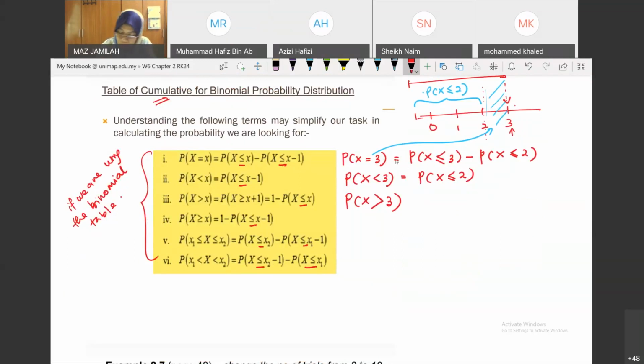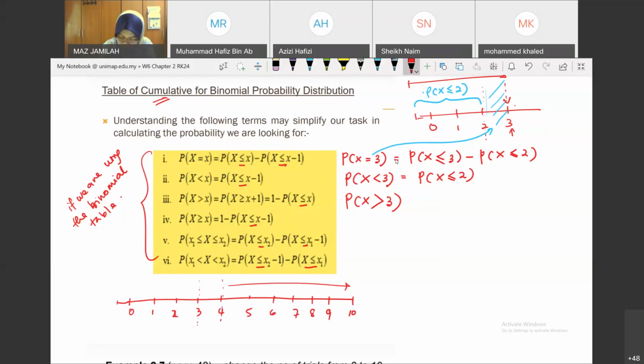So go back to this. If I have, let's say, from 0 until 10: 0, 1, 2, 3, 4, 5, 6, 7, 8, 9, 10. Saying x greater than 3, but not including 3, means from here to here.